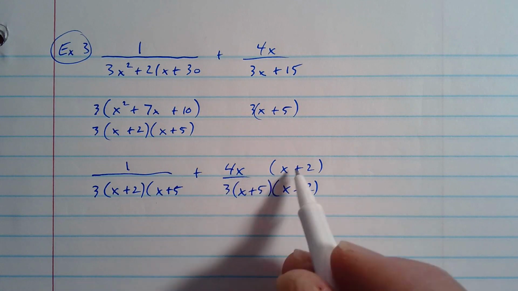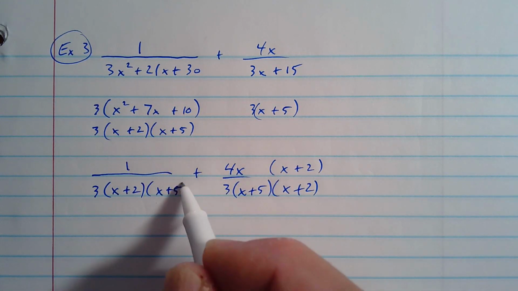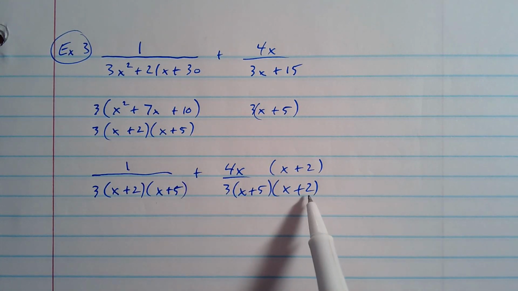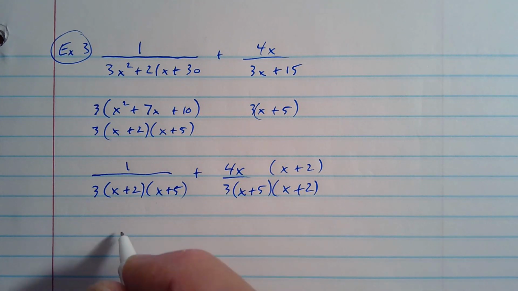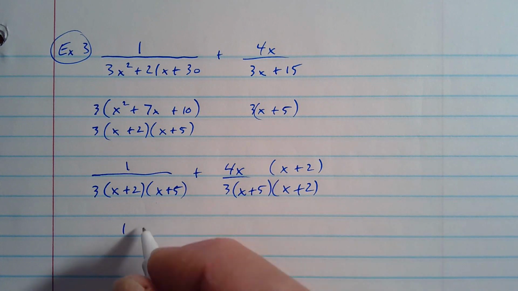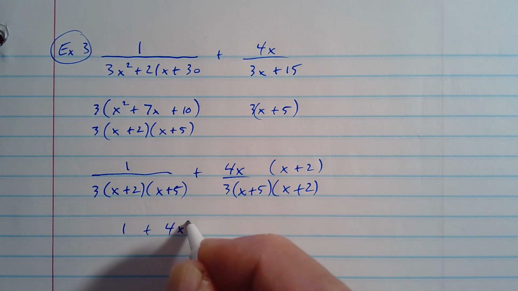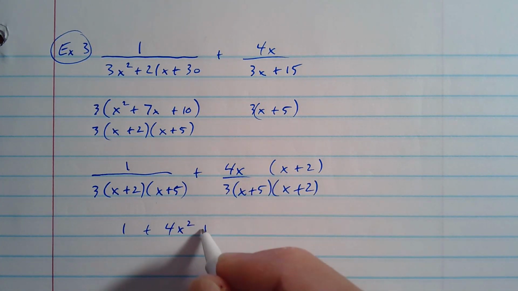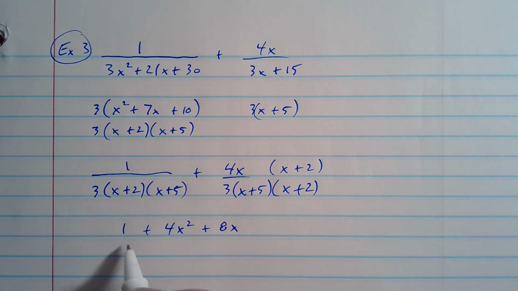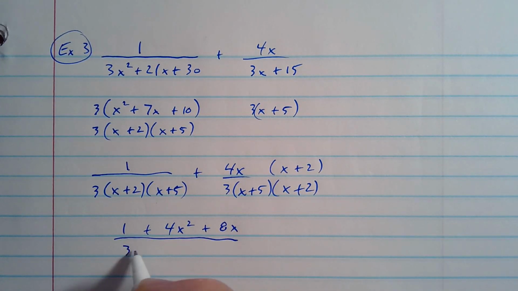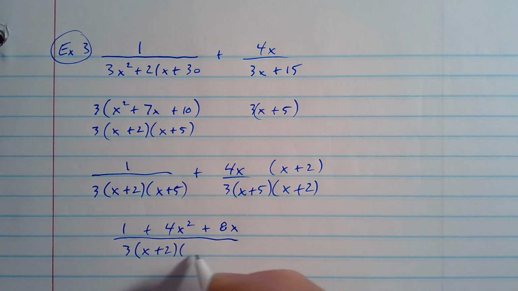So now I can put all my numerator stuff together and then just use this common denominator as part of the final answer. So I got 1 here, then 4x times the x, I get 4x squared, and then 4x times the 2, I get 8x. And then this is all over this least common denominator of 3 times x plus 2 times an x plus 5.